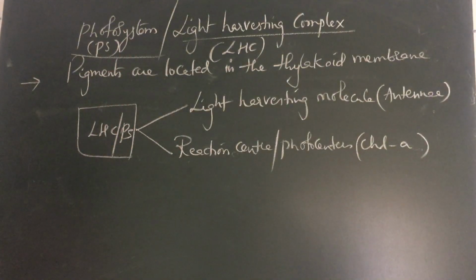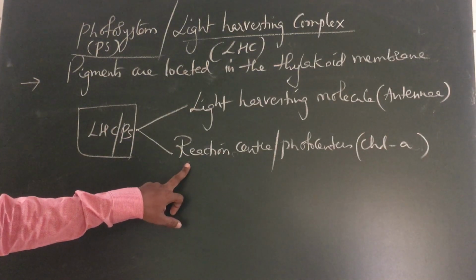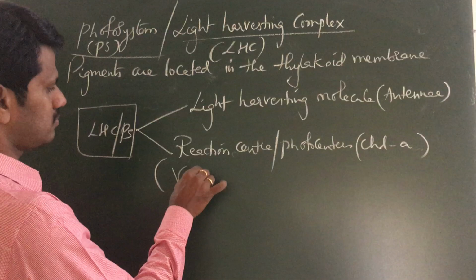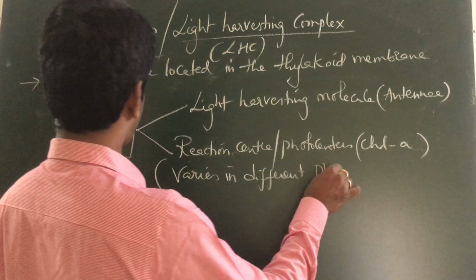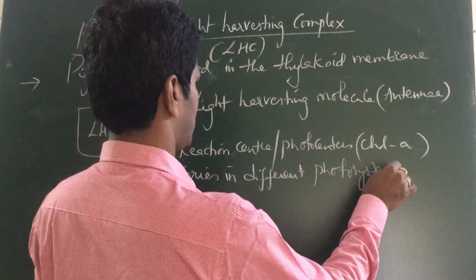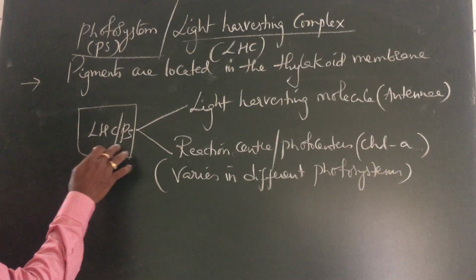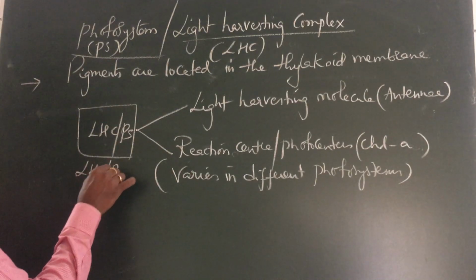Chlorophyll A. So here the reaction center varies, that is, it is different in different photosystems. Suppose you take the light harvesting complex or photosystem.